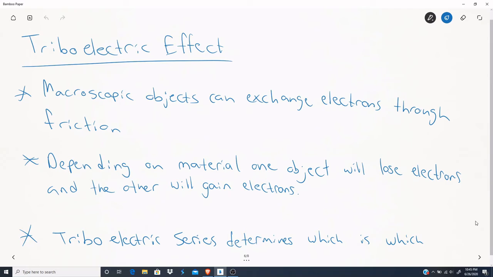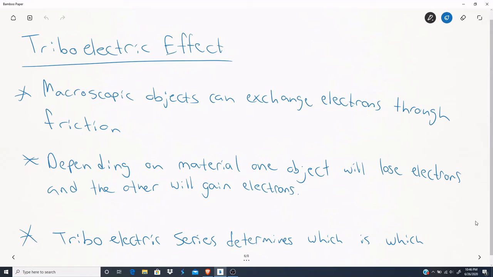Notice that we're not talking about gaining or losing protons, and that's because you really can't remove a proton from the nucleus through friction. So whenever we're talking about macroscopic objects gaining a charge, we're always talking about a charged object either having an excess of electrons or a deficit of electrons.